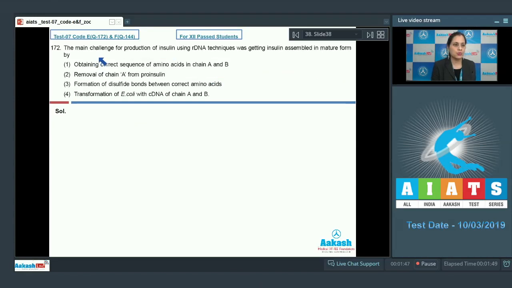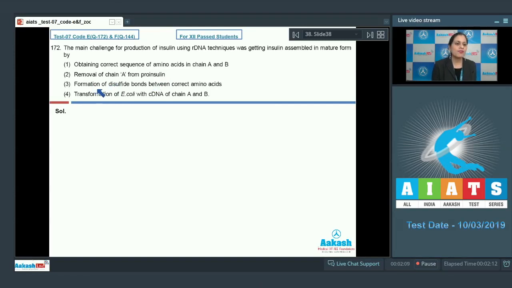Question number 172. The main challenge for production of insulin using recombinant DNA techniques was getting insulin assembled in mature form by, and the options are obtaining correct sequence of amino acids in chain A and B. Second option is removal of chain A from proinsulin.